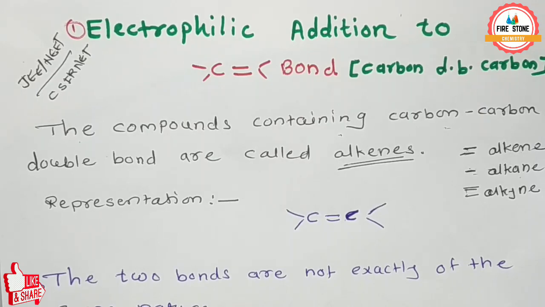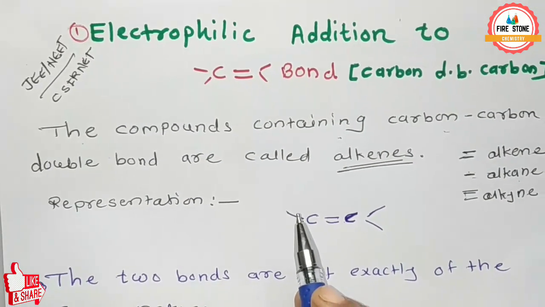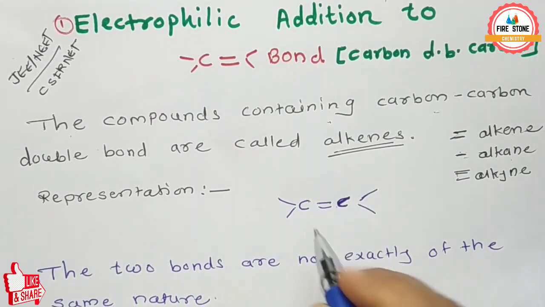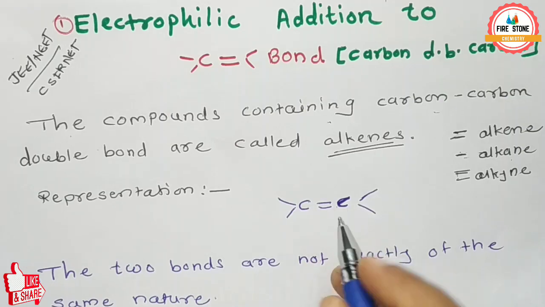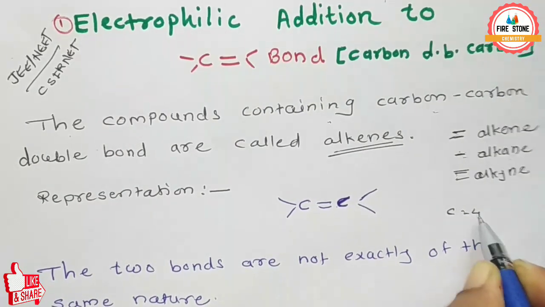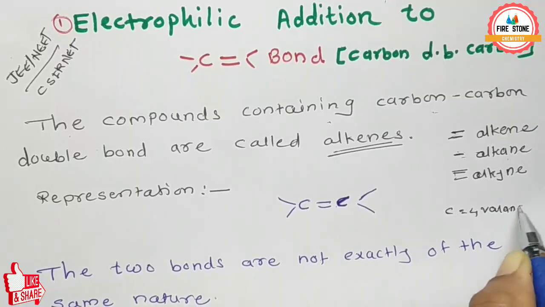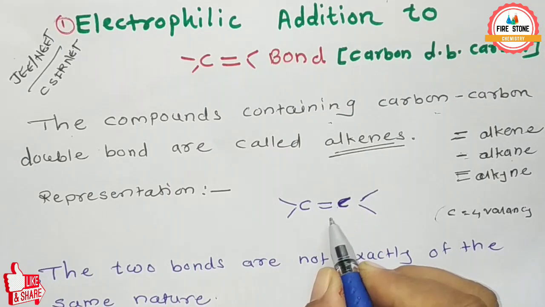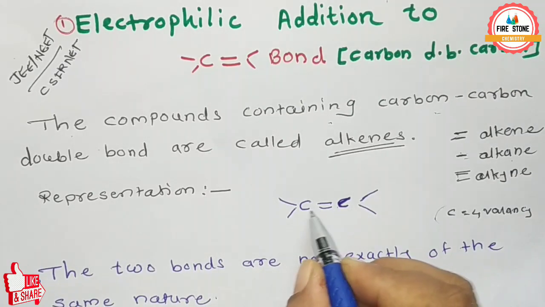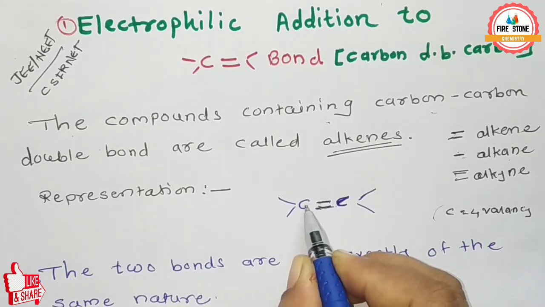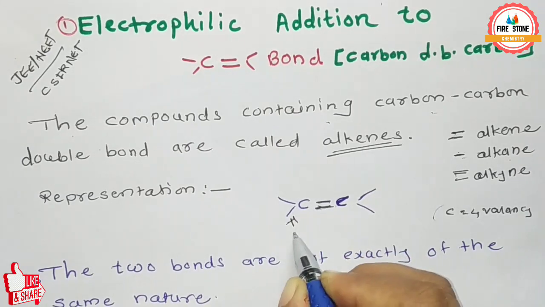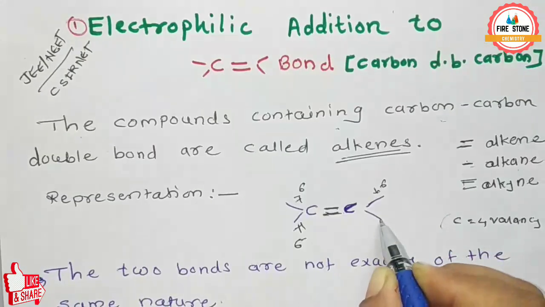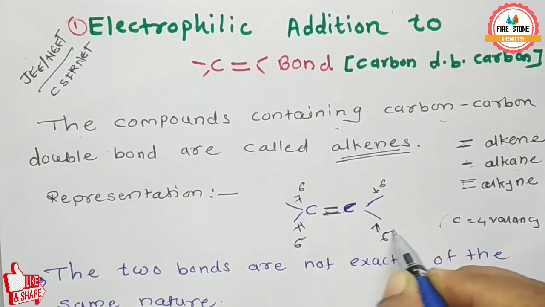So here we can represent carbon double bond carbon as shown here. Because carbon has valency 4, for satisfying its valency the carbon makes 4 bonds. Here the single bond is a sigma bond, here again a sigma bond, and this is also a sigma bond.